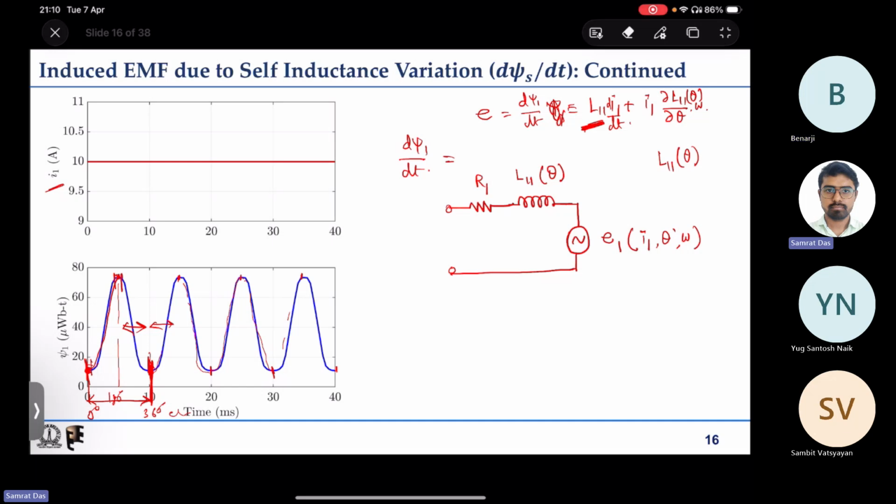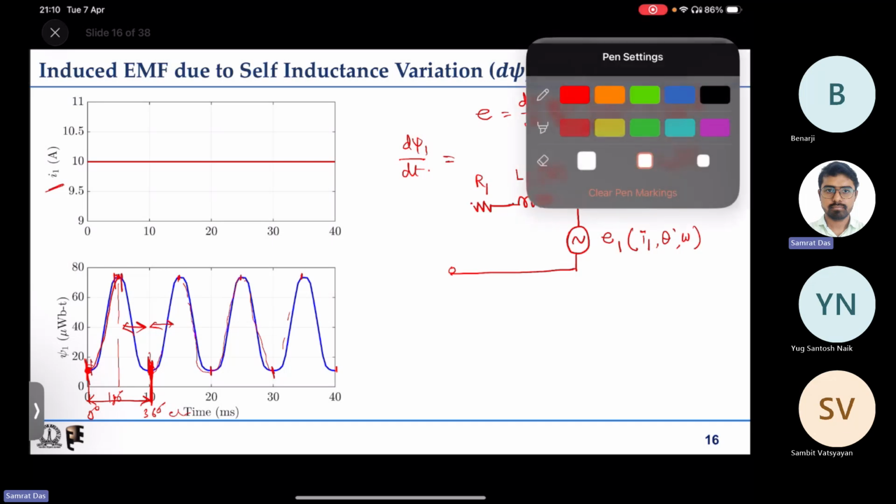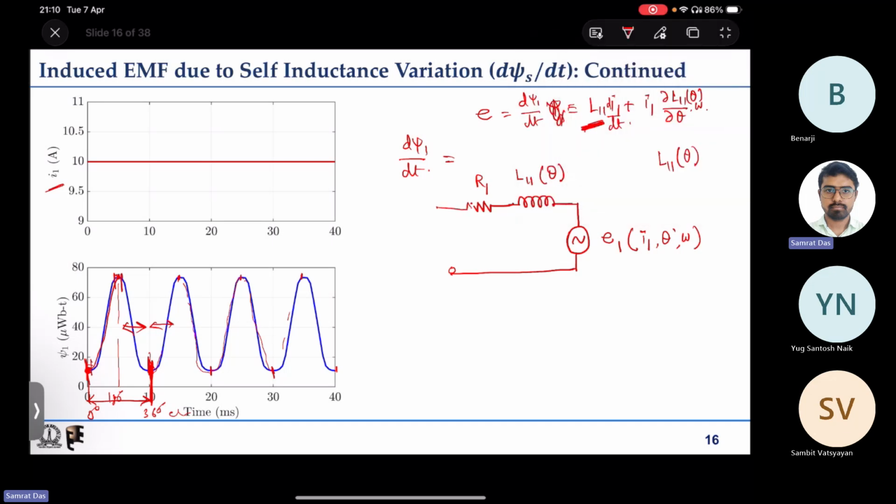No, you are not doing that. Let us consider this is the equivalent circuit.